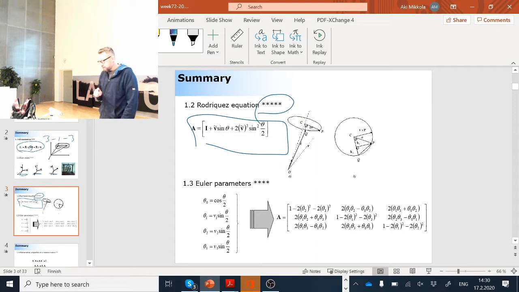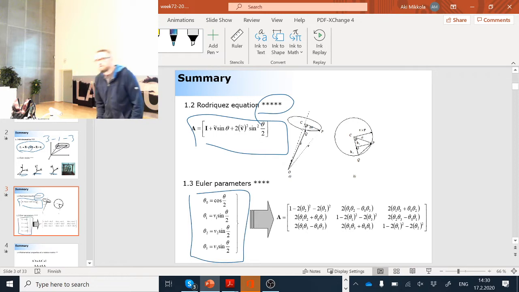Then we discussed that there is an improved way from the Rodrigues equation, and the improved way is called Euler parameters. Euler parameters is based on the Rodrigues equation, but we are calling components within the Rodrigues equation by predefined names, and these predefined names are the ones that are listed here.